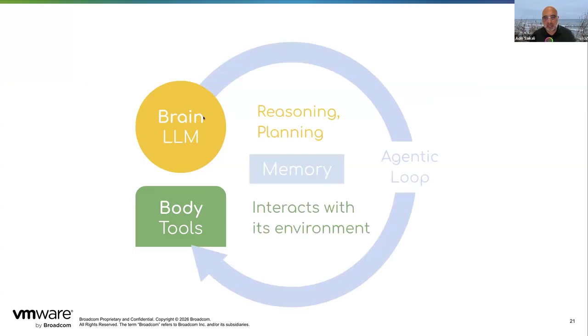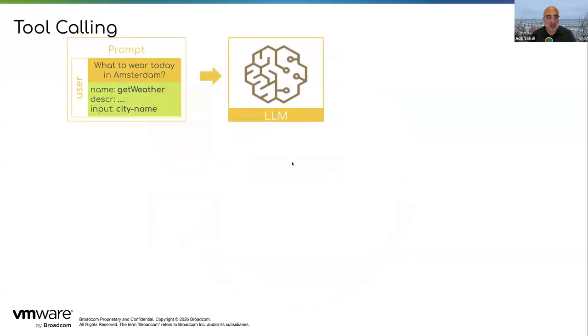And then when you put that in a loop, you have the ability to reason and plan and then interact with the environment. So this is what people call the agentic loop. Spring AI is probably one of the easiest things in the world to use to do this. And you're going to see exactly how in the rest of the webinar. So let's review how tool calling works, and then we'll get into the code.